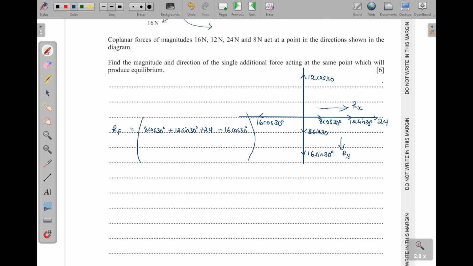Then that is the resultant in the x. Then the resultant in the y, it is going down, so we shall have 16 sine 30, then plus 8 sine 30 degrees, and then we subtract now the 12 cos 30.